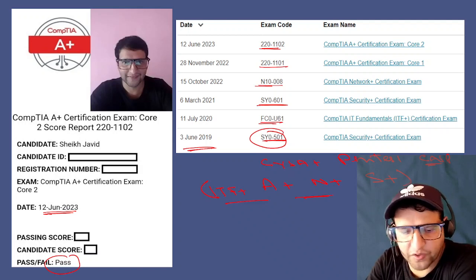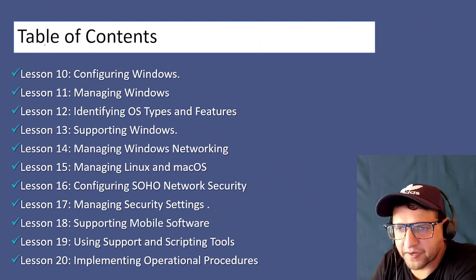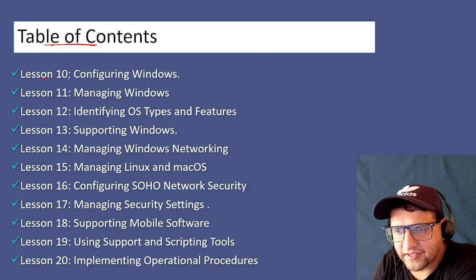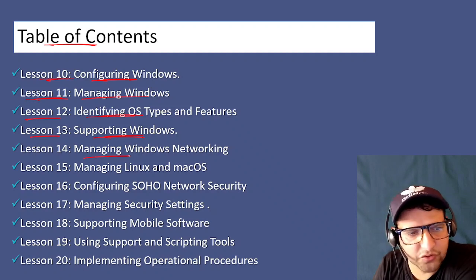So let's see the important points we need to remember here. This is the table of contents, and we have to go through these modules. Lesson 10 is on how to configure Windows. Lesson 11 is managing Windows. Lesson 12 is identifying operating system types and features. 13 is supporting Windows. 14 is managing Windows networking.